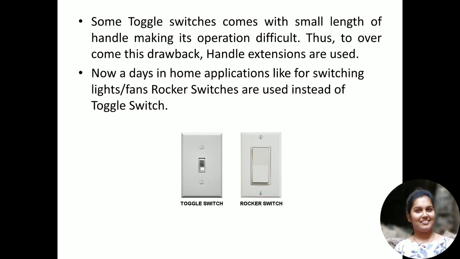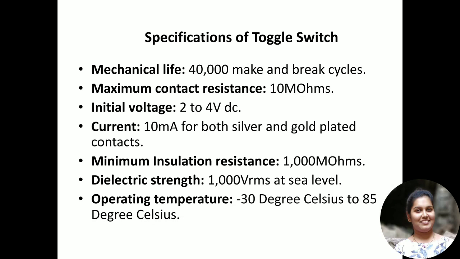Why this toggle switch is being used instead of the rocker switch is because of the specifications that we are going to discuss now. The rocker switch's disadvantages have been overcome by the toggle switch, either in terms of mechanical life, or operating temperatures, or contact resistance.